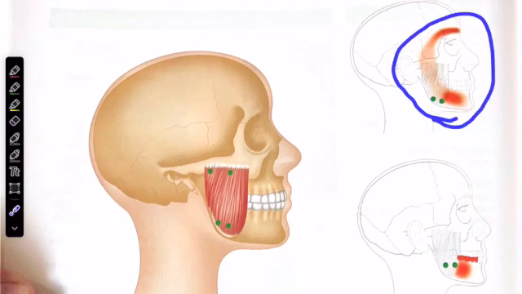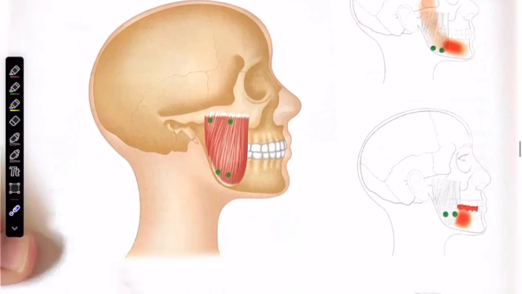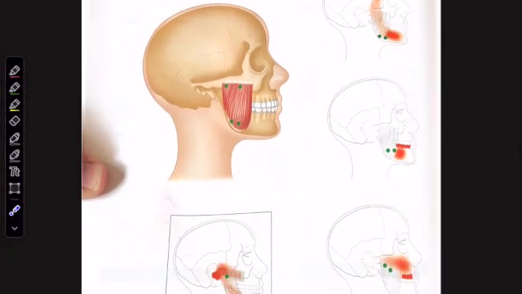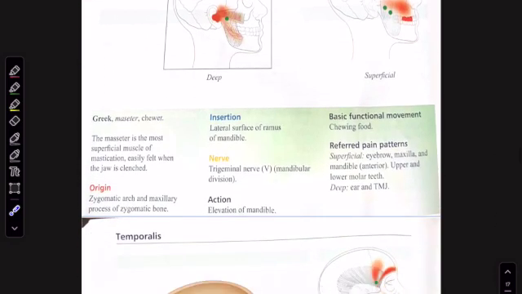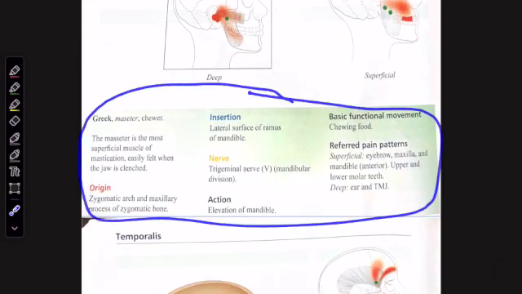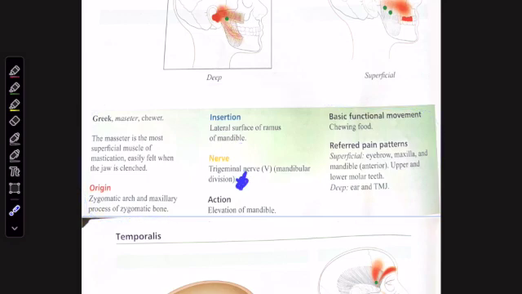And some people receive migraine headaches from having knots in these, as you can see. Information that we find right here is pretty helpful as well. So you can see the insertion, the origin, the nerve that runs it, the action that it does, and basic function.